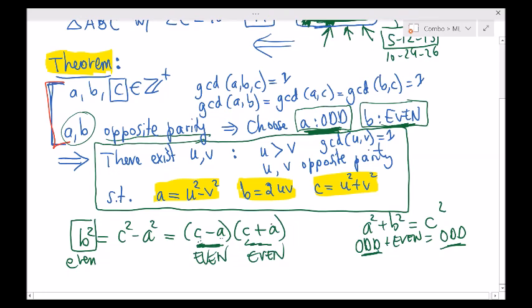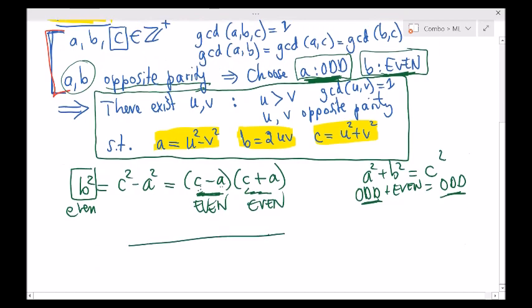Can they have a common factor of 4, c minus a and c plus a? Not really. Why? Think about it. You have a c. From c, you subtract an a, and then you add an a. What is the difference between c minus a and c plus a?